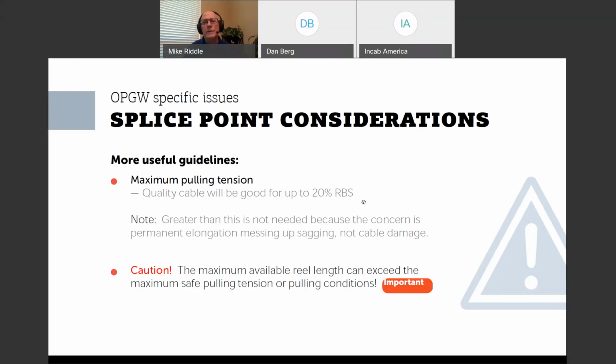The reason for this limit is not because you're concerned about damaging the cable. The reason is because you're concerned about elongating the cable during the stringing process, which in turn would mess up the sagging process. So if I stretch the cable too much during my pulling process, I'm not going to damage the optics. I'm not really physically damaging the cable.